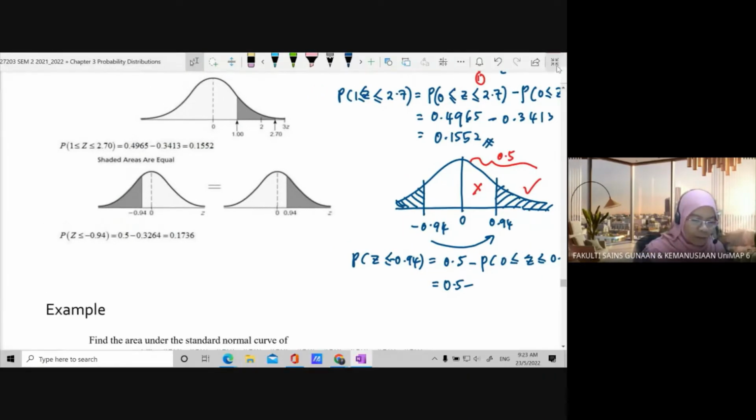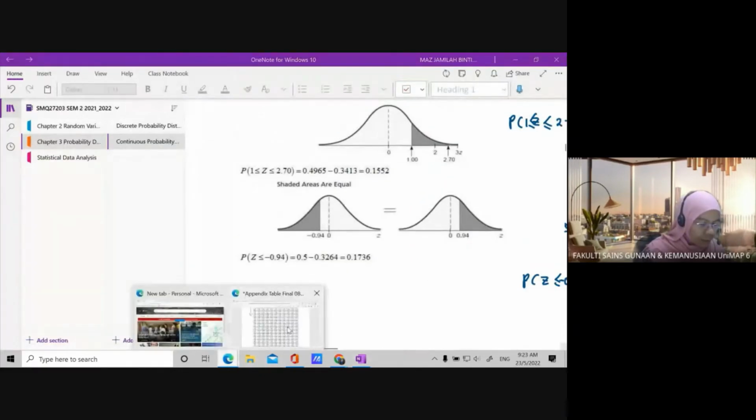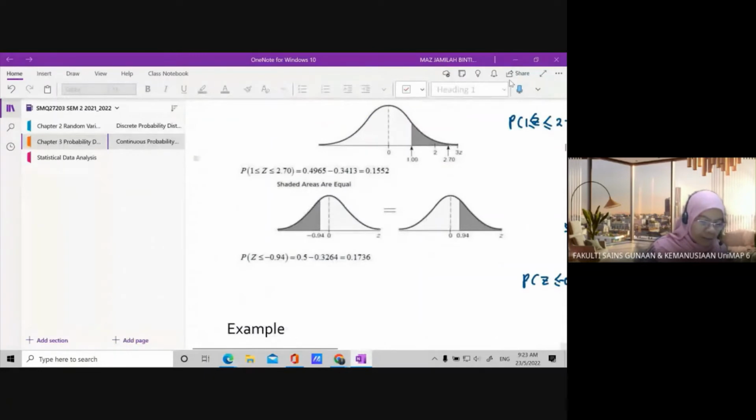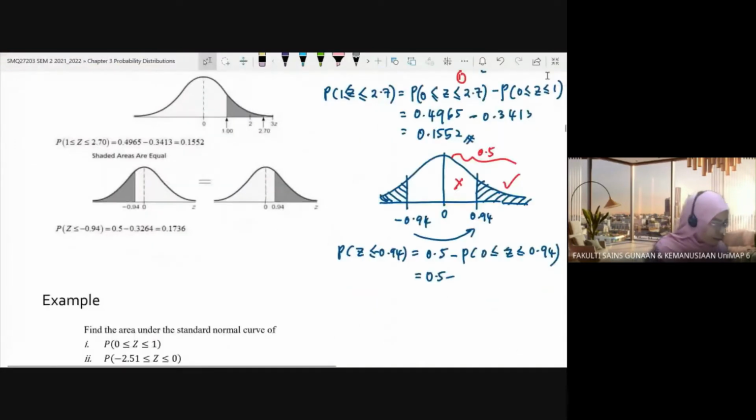Look from the table: 0.94 will give you 0.3264. Can someone please calculate this?